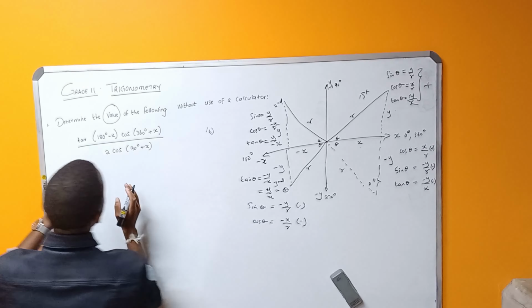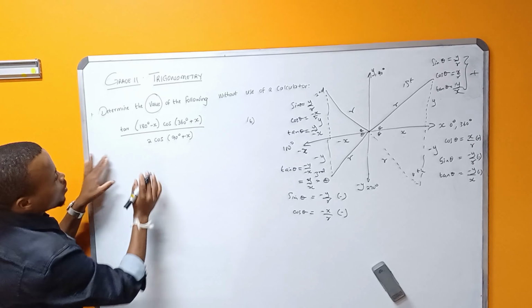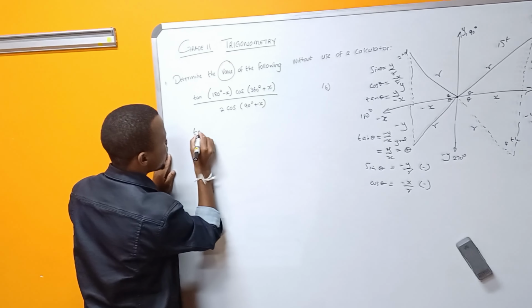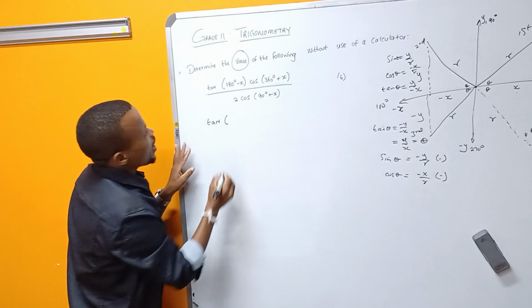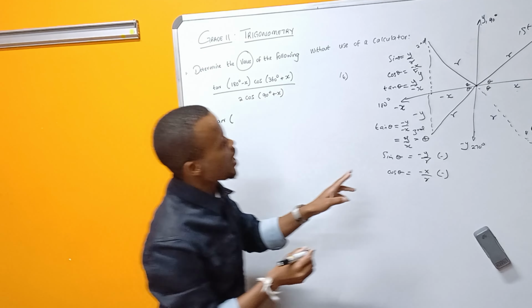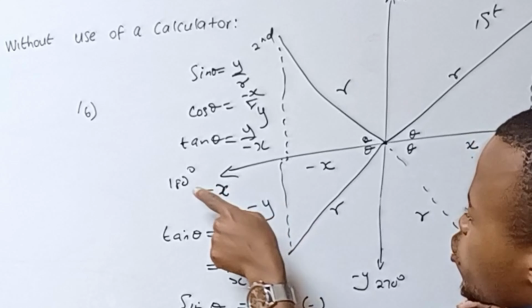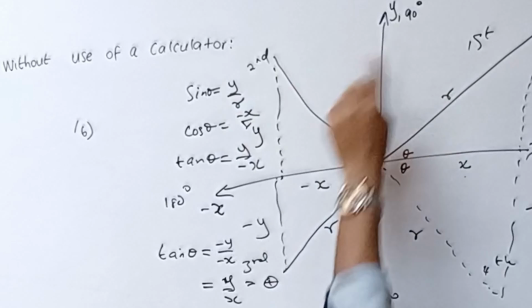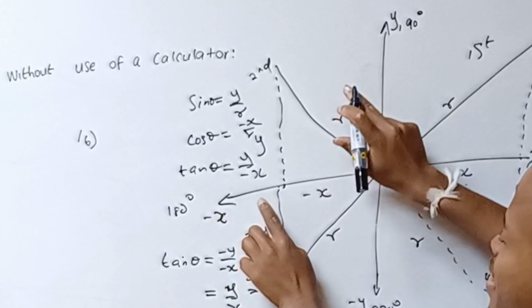So going back to this expression, here we have tan of 180 minus x. We are looking at this portion: 180 minus means we are reducing from 180, approaching 90. So this is the second quadrant.